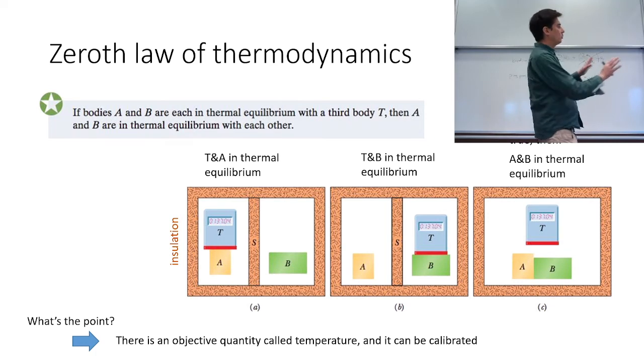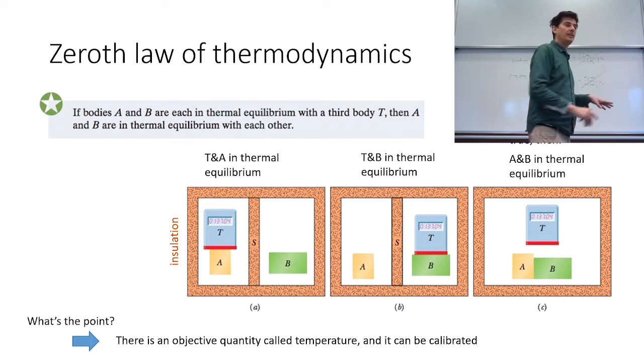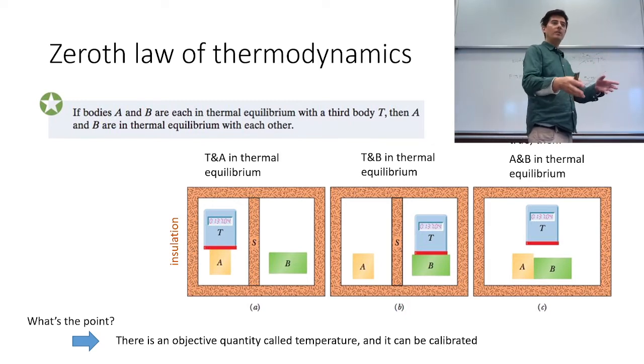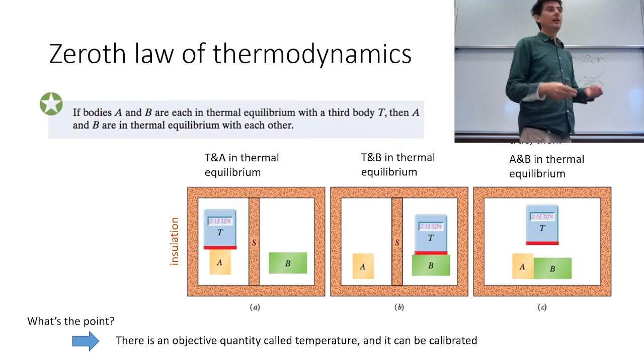So, in a sense, for us humans, this is quite an obvious statement, because it's saying that stuff is either hot or cold, and if I think it's hot, then you're going to think it's hot too, because hotness is an intrinsic fact of nature, right? Everybody knows this.